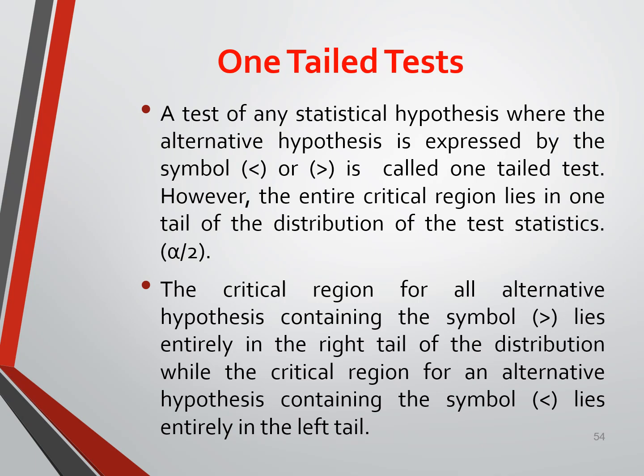So if it goes below the minimum level, it goes to the left hand side. Otherwise, it goes to the right hand side, if it is greater than. So a test of any statistical hypothesis where the alternative hypothesis is shown as less than or greater than is known as a one-tail test.